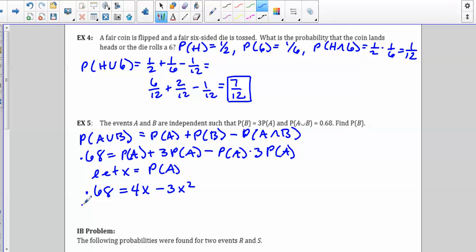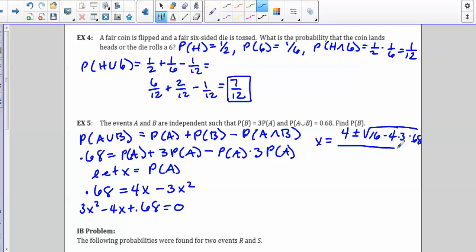So I have 3x squared minus 4x plus 0.68 equals 0. And I'm going to use the quadratic formula here. So x equals negative b plus or minus the square root of b squared minus 4 times a times c, all over 2a.